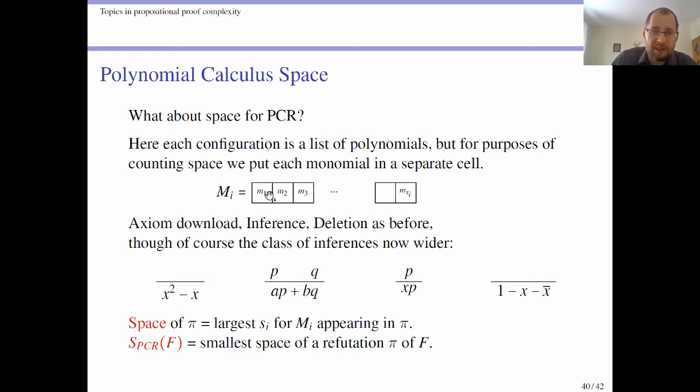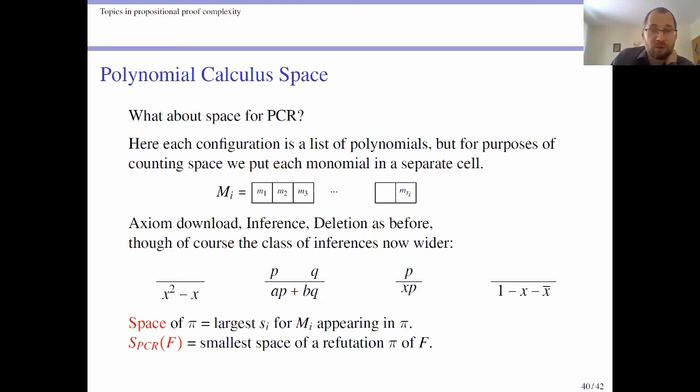But to count space, you treat each monomial within these polynomials as one point. So that's going to be a lower bound on the total space as a number of symbols, and that turns out to be a theoretically useful measure, like the best of both worlds.